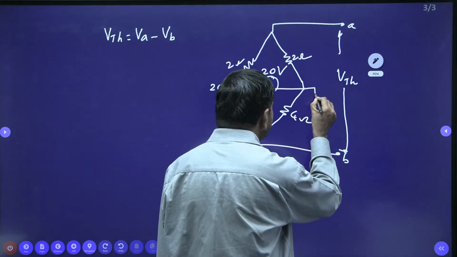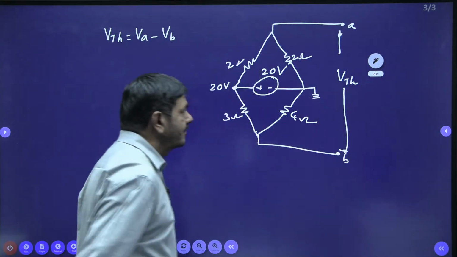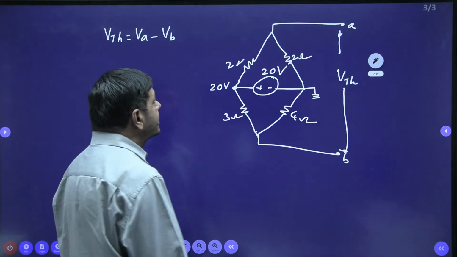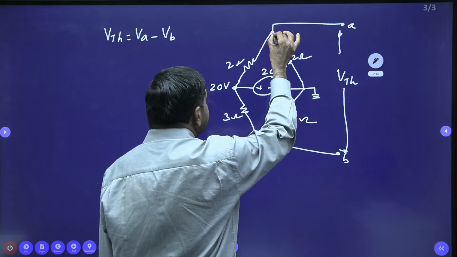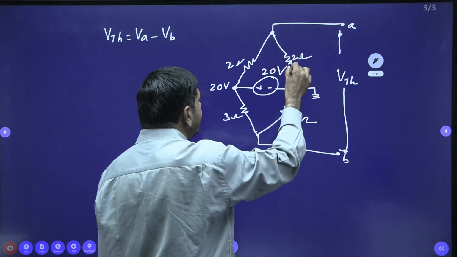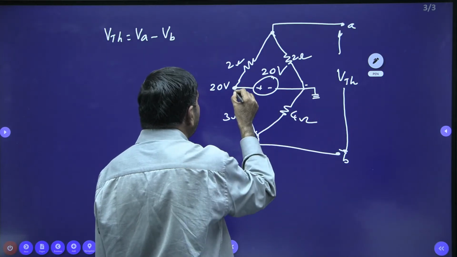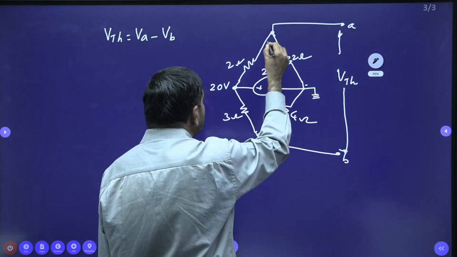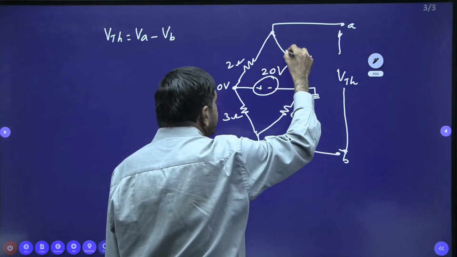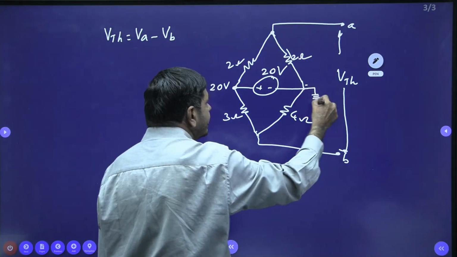This I have taken as ground directly here. A reference node is a must. VA is the voltage across this 2 ohm, grounded. 20 volts is connected, 2 ohms goes this side. It doesn't flow any current, it is an open circuit only. This 2 ohms and these 2 ohms are in series.